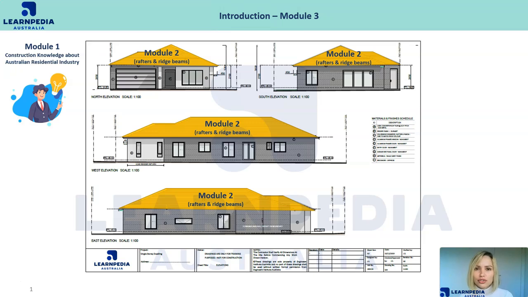So you will have that general idea in module 1. In module 2, you learned how to design rafters and ridge beams, roof systems based on Australian standards and codes. You got to see the structural elements in the roof both in module 1 and module 2, and you got to design a timber element all the way step by step with me, and then compare the results with the design from Structural Toolkit.